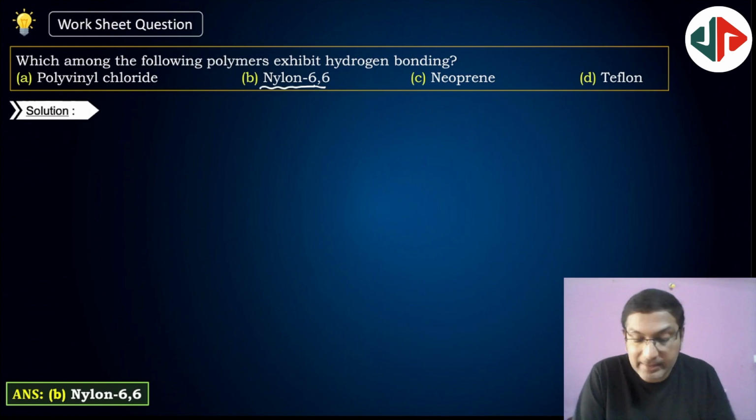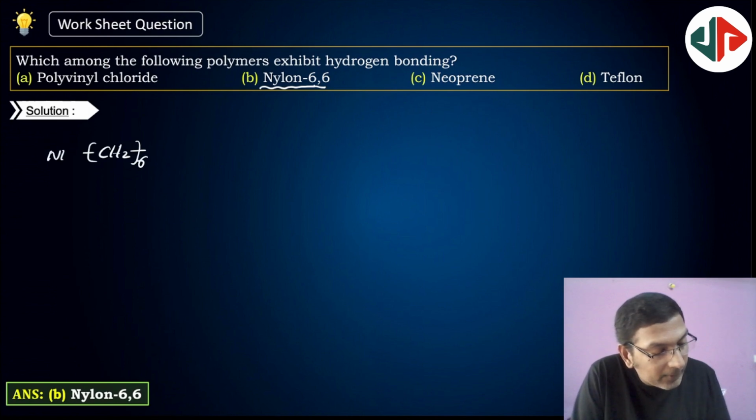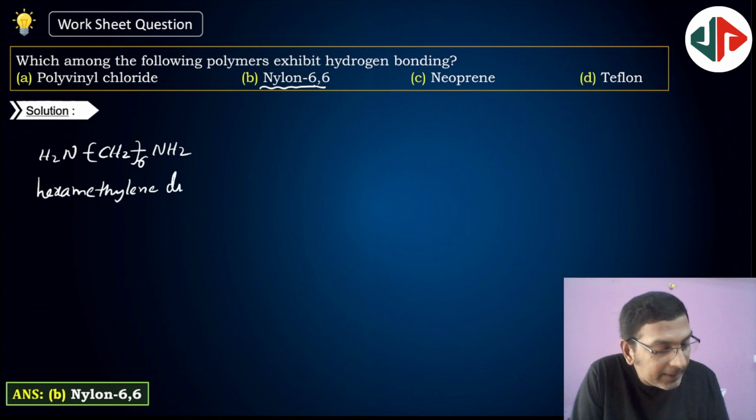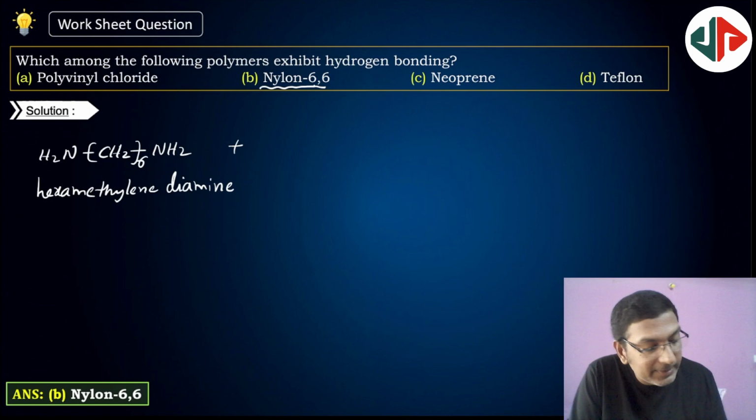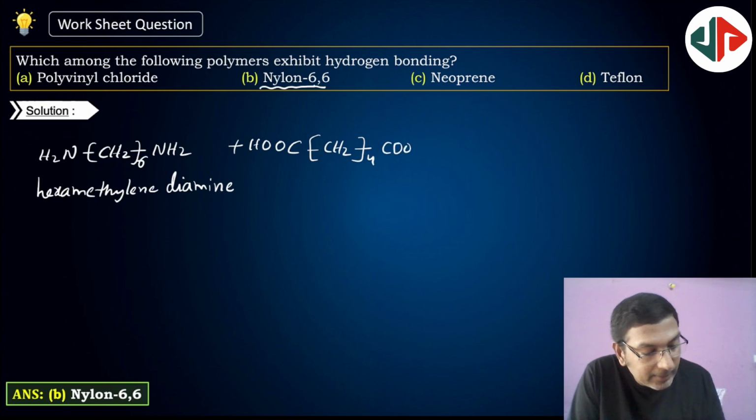Here two monomers are present: hexamethylene diamine, that is NH2 and NH2 with 6 carbon atoms, plus adipic acid, COOH, CH2 four times, COOH.